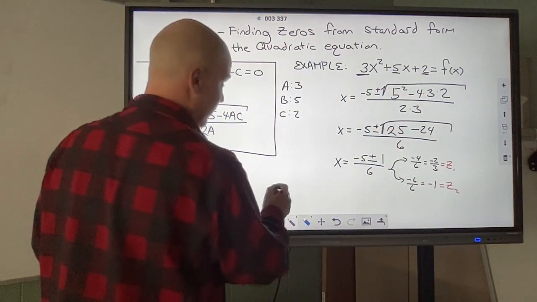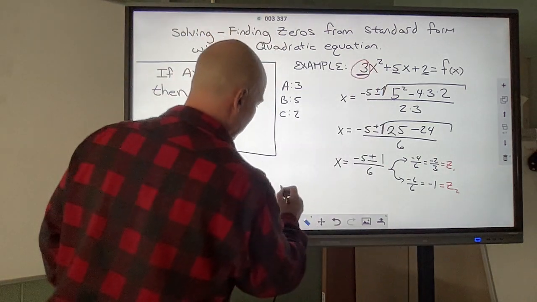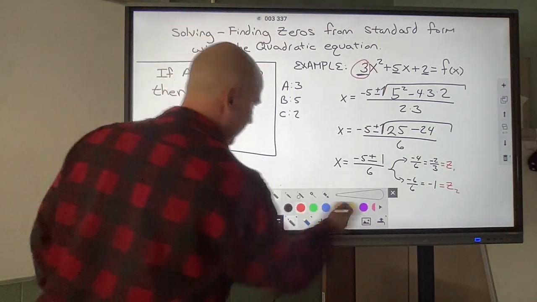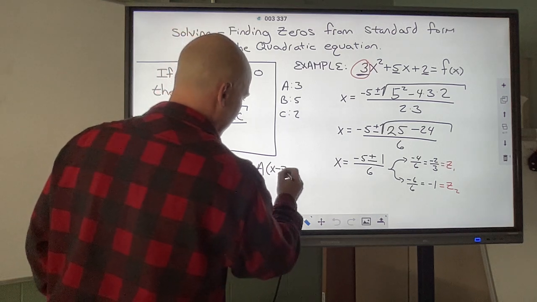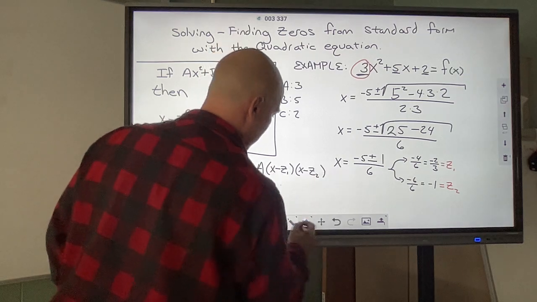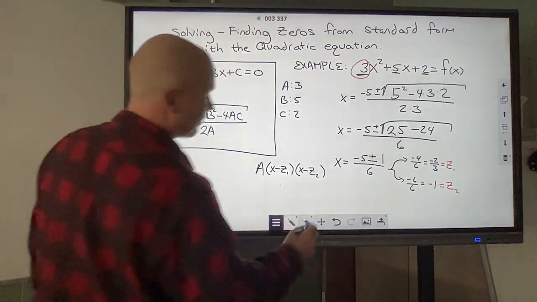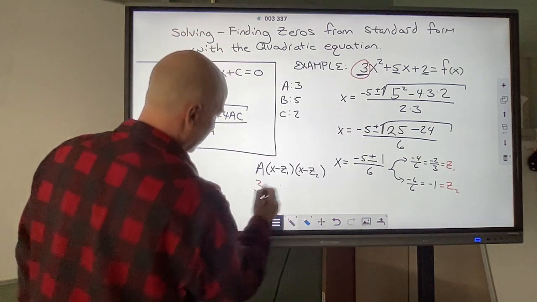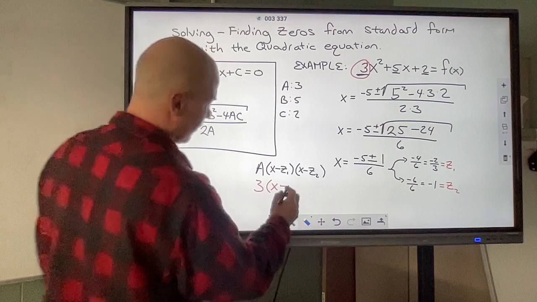And if I wanted to, I know that this equation, this is A, is going to be, well, I'm going to rewrite it so we can see it. A, x minus z1, x minus z2. So if I wanted to, this equation is the same as going, well, A is 3, x minus z1 is negative 2/3.